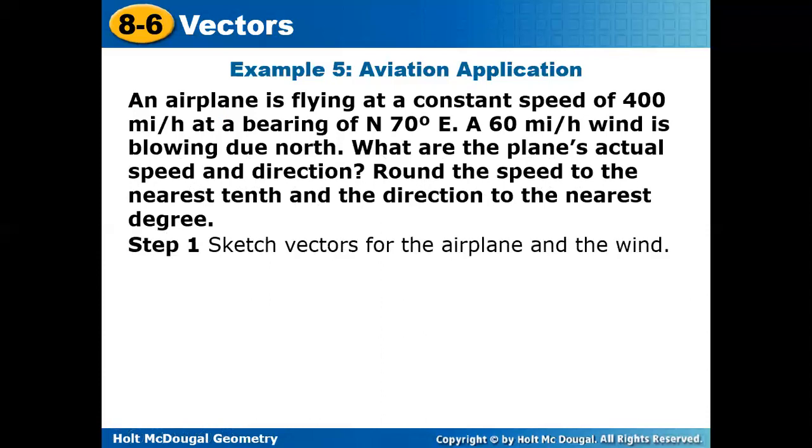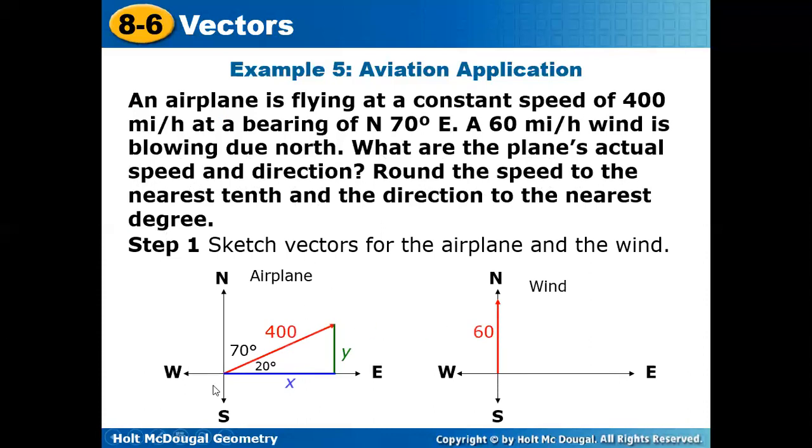First, we want to sketch vectors for the airplane and the wind. Look, the airplane, from the given, its speed has a magnitude of 400 miles per hour. We said here 70 degrees, 70 degrees east of north.